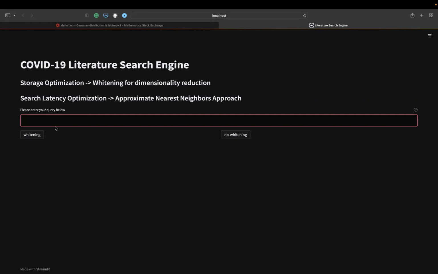Suppose I try to find out what are the safety protocols to be followed during the COVID-19 pandemic.